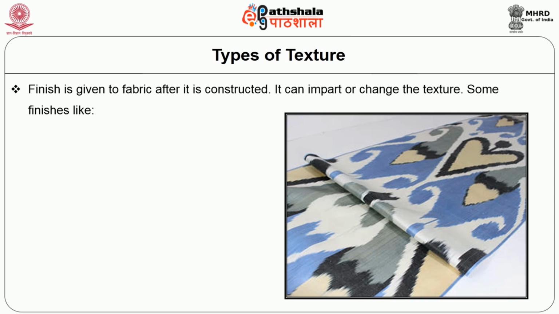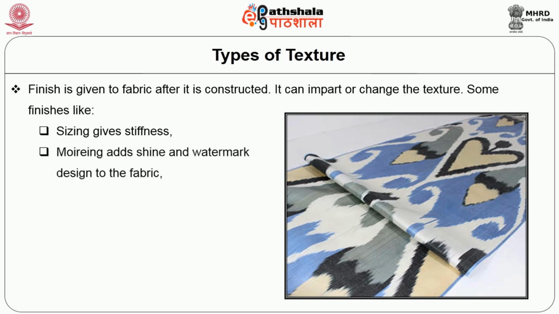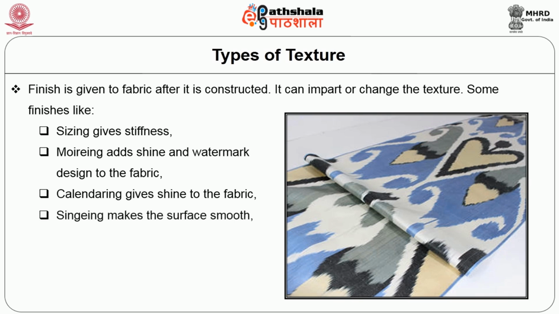Finish also alters the texture of the fabric. Some finishes like sizing give stiffness, moiring adds shine and a watermark design to the fabric. Calendaring also gives sheen to the fabric. Singeing makes the surface smooth, and napping makes the fabric fuzzy.